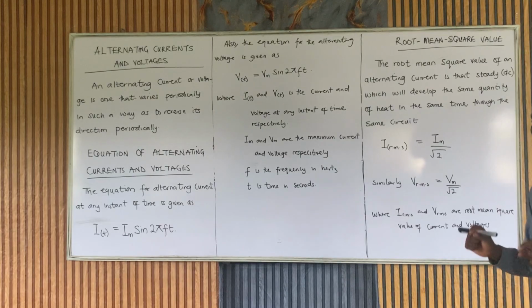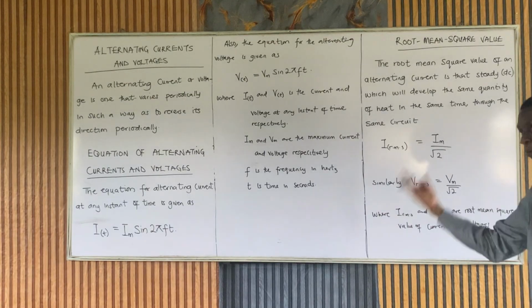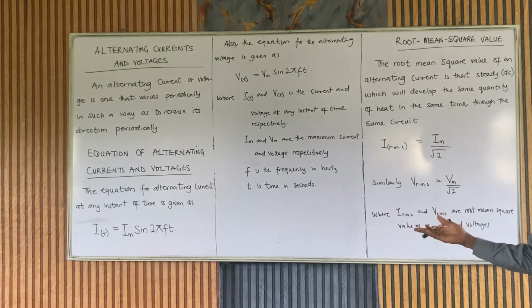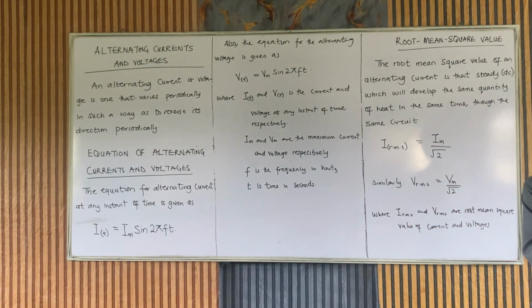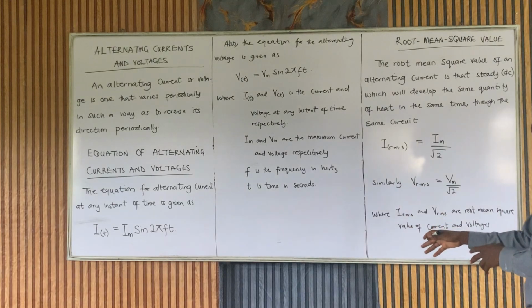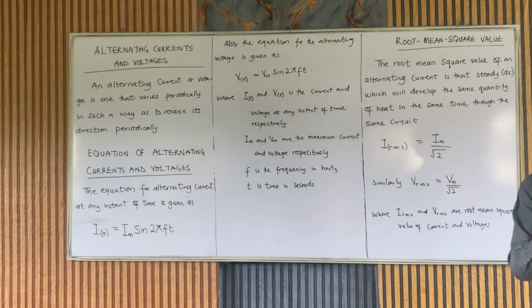You see, the root mean square current is the DC equivalent of an alternating current. If you have an alternating current, what is the quantity of DC that would do the same as that alternating current? That is what we call the root mean square current.